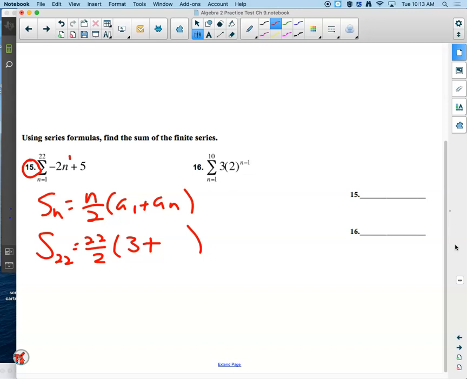The last one. How do we get the last one? Exactly. Take the upper limit and plug it in. Negative 44 plus 5 is? Do a little bit of math in your noggin. We talked about this when we went through this section.